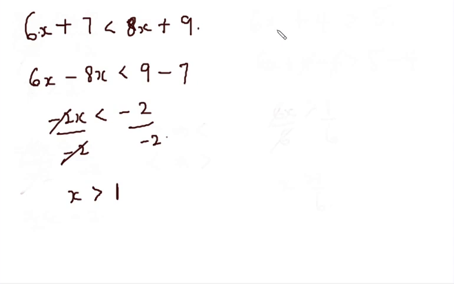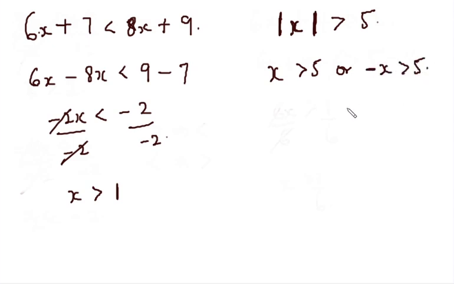There are some other forms of inequalities that you might need to know how to solve. Say we have something like the absolute value of x is greater than 5. Anytime you have an absolute value like this with an inequality, it can be interpreted as x is greater than 5, the normal form, or minus x is greater than 5.